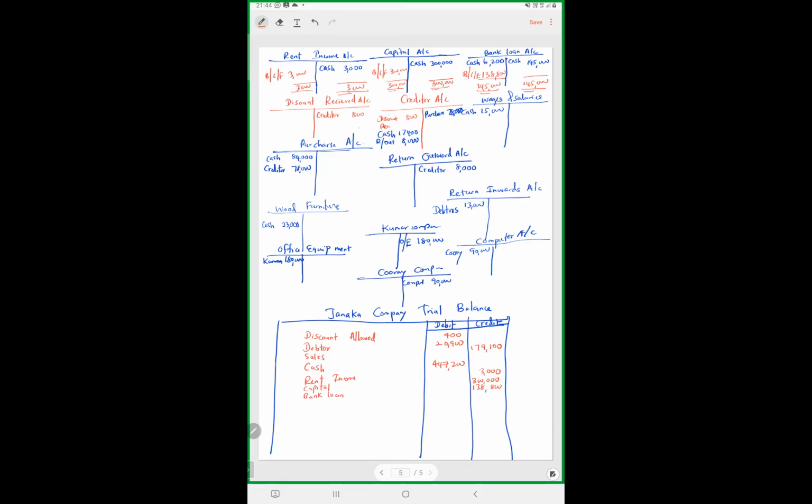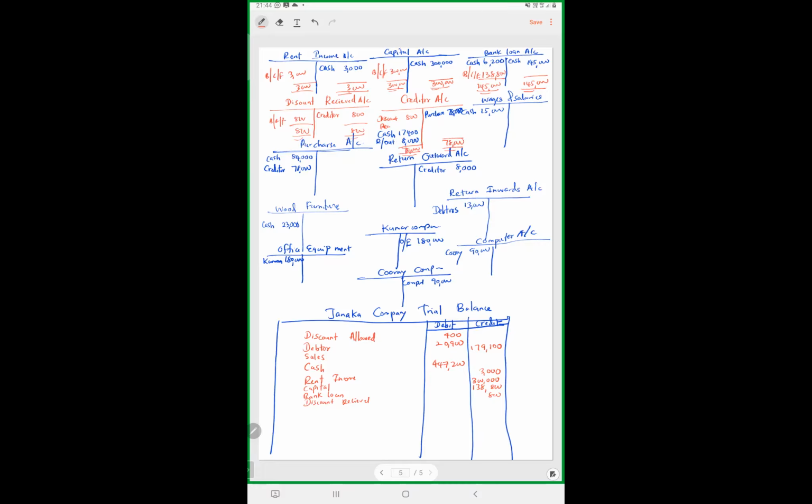Next, discount received 800, BCF 800. Discount received 800. When it comes to the creditors account, you can see the credit side is more, 78,000.